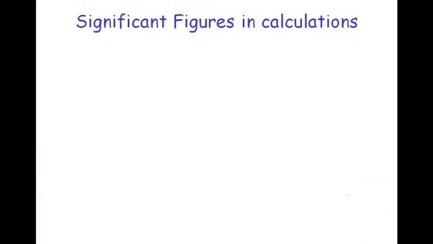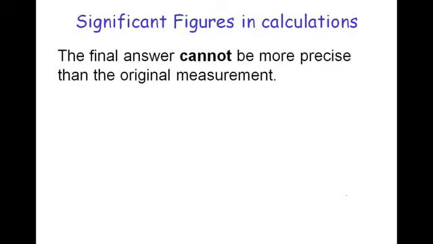When you use your calculator, you need to be able to use the significant figures rules. Your final answer cannot be more precise than the original measurement. In other words, it cannot have more decimal places than the original numbers that you use.